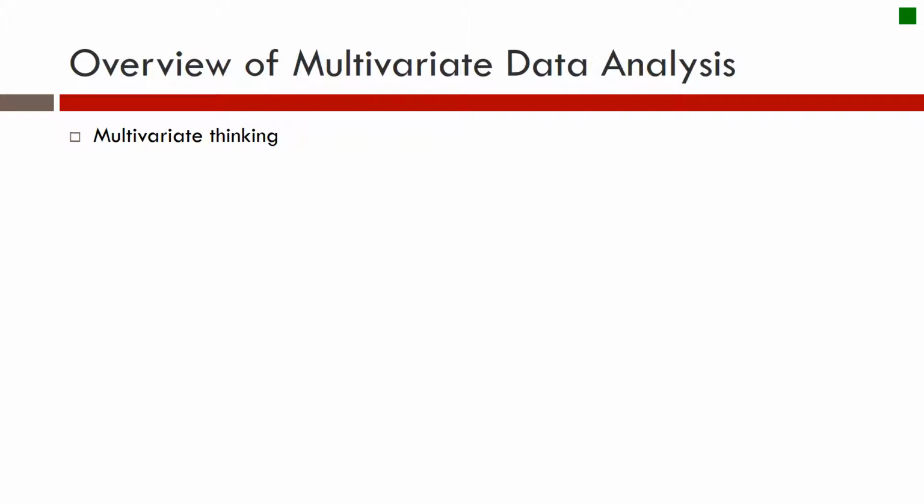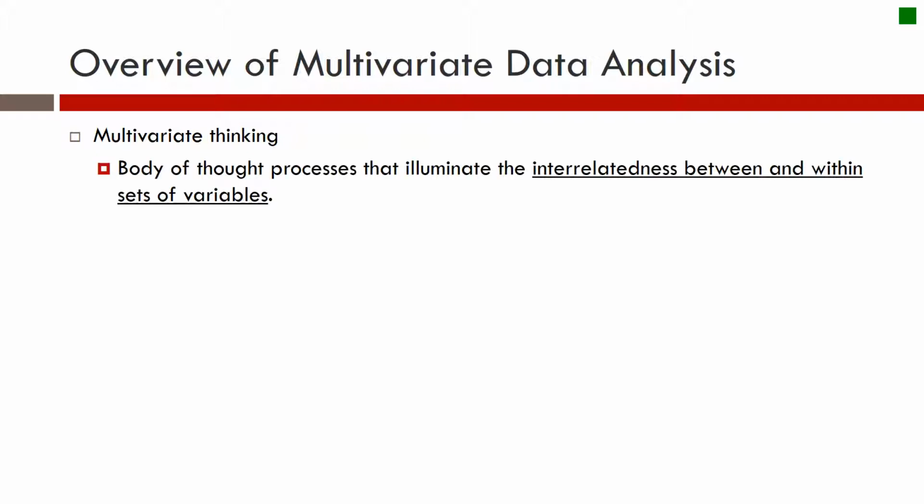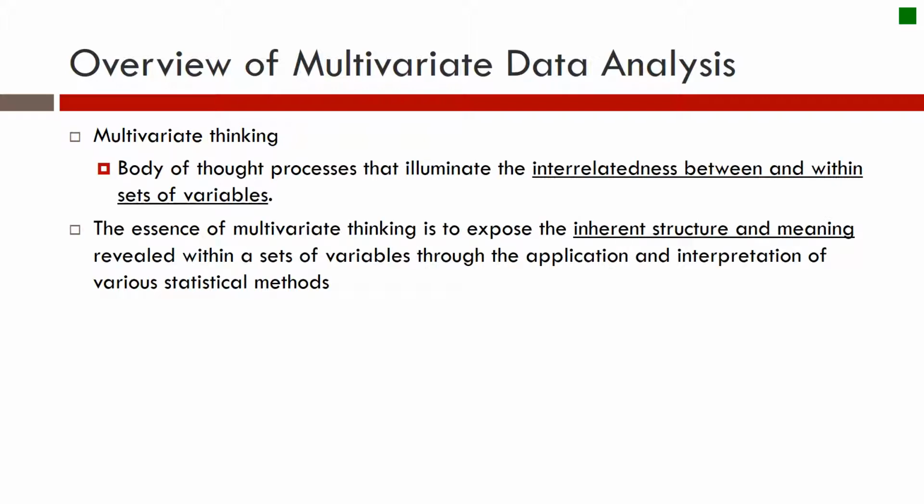So this requires a certain thinking, if you will, of what multivariate data methods and analysis can provide for you. And so in sum, this is a process that relates to the interrelatedness or connectedness between sets of variables as opposed to individual variables.